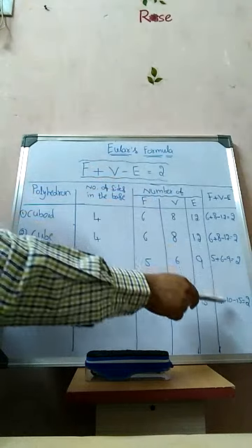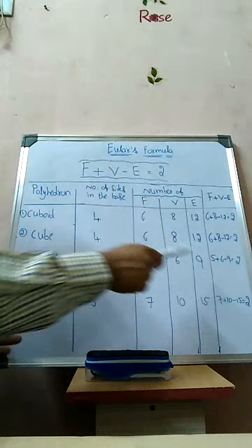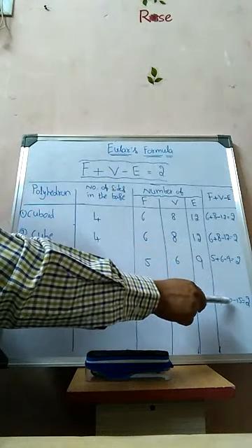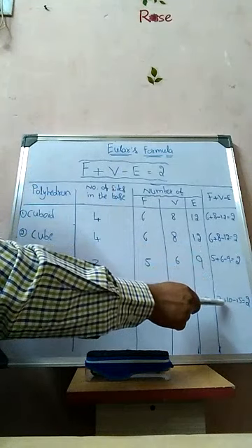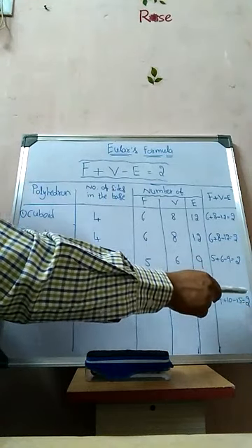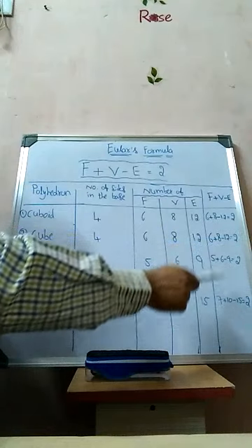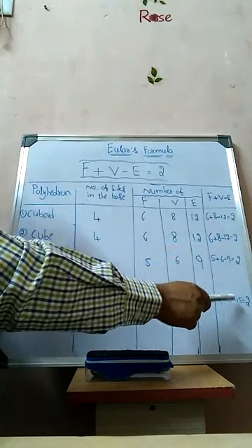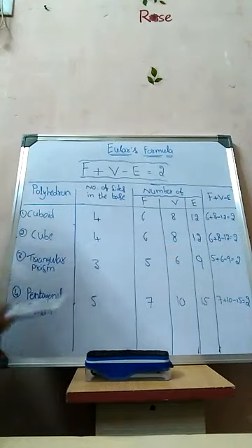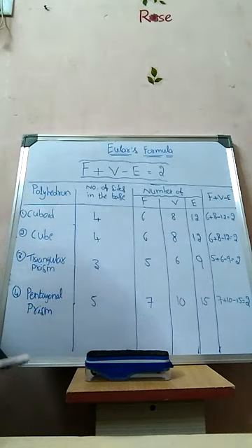Now substitute in Euler's formula, that means faces plus vertices minus edges. 7 plus 10 minus 15 is equal to 2 again. That means 7 plus 10, 17, minus 15, 2 again.